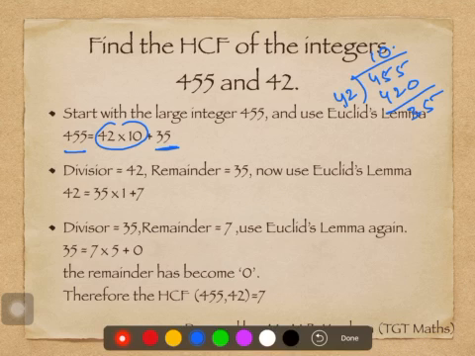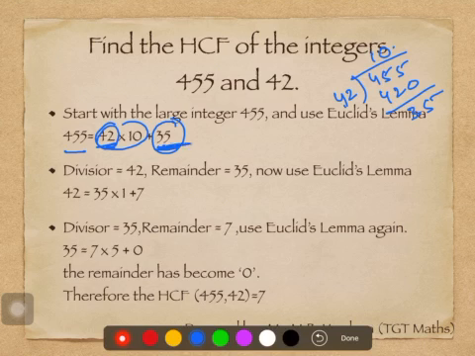That means 455 equals 42 into 10 plus 35. Now here the remainder is not 0, so we continue the process to get the remainder 0.